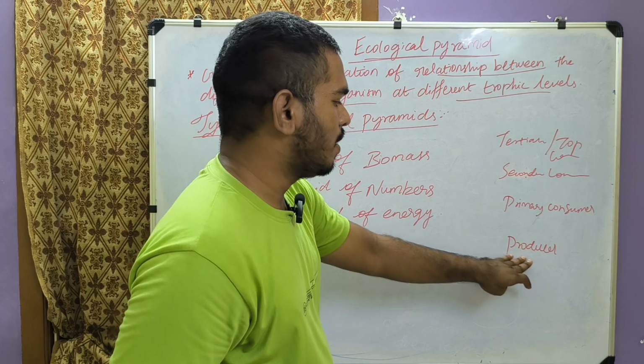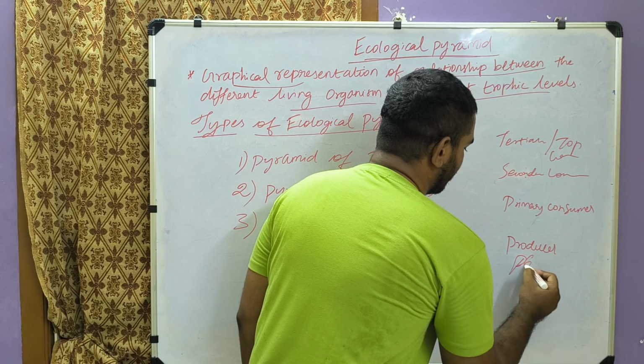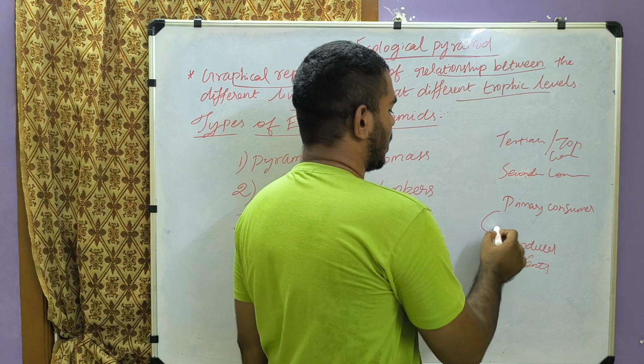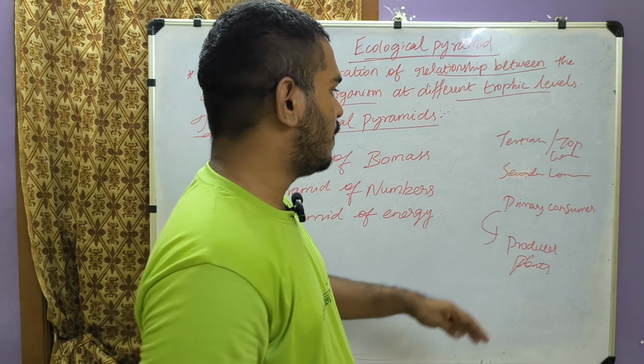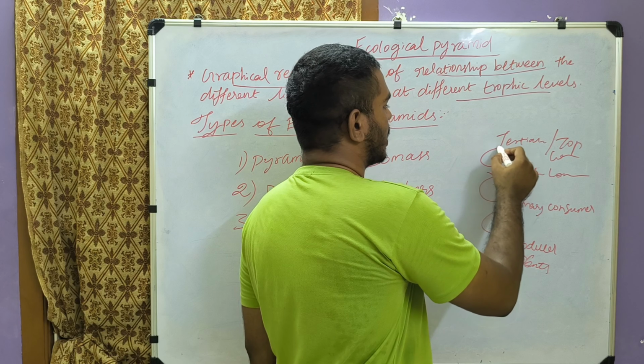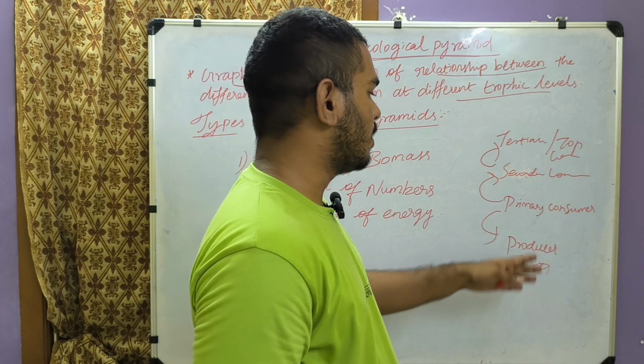The primary producer is the plants, which produce the food. Then primary consumers rely on plants for feeding. Primary consumers are eaten by secondary consumers, which are eaten by tertiary consumers. This step by step level is known as a trophic level. We have already seen this in the previous videos.